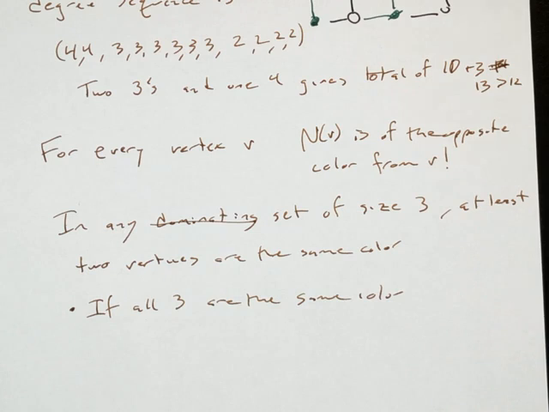I'm going to miss all 3 of the other vertices of that color, because everything I'm adjacent to, if all 3 of the ones I pick are green, then the other 3 are all not green. If the 3 I pick are not green, then all of the vertices they're adjacent to are green.